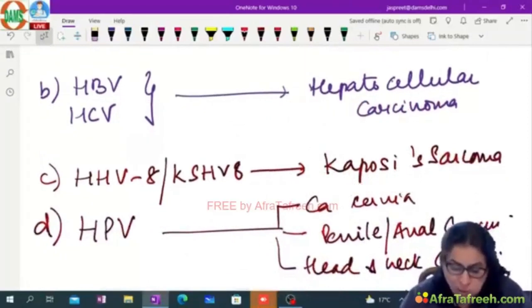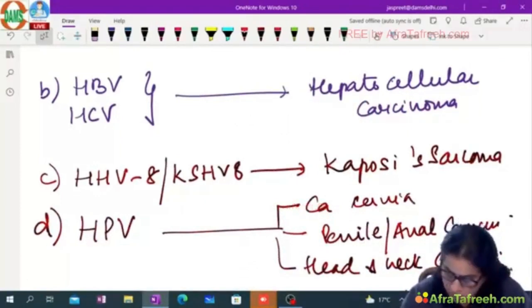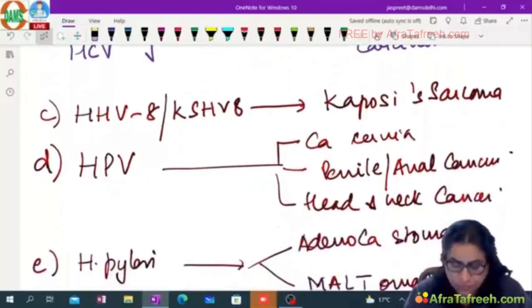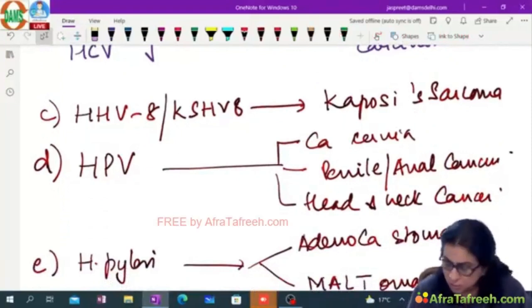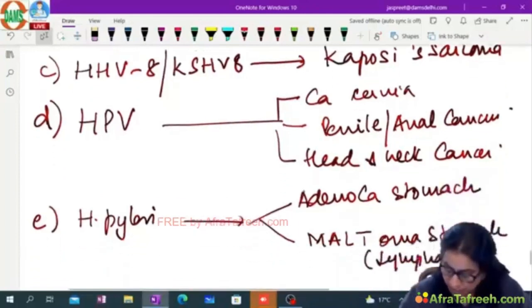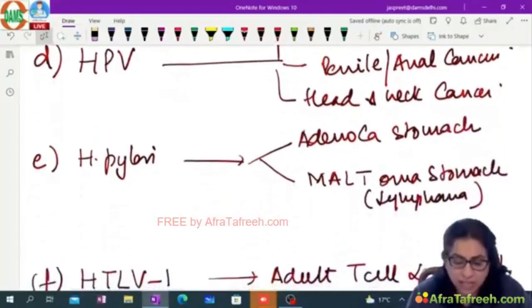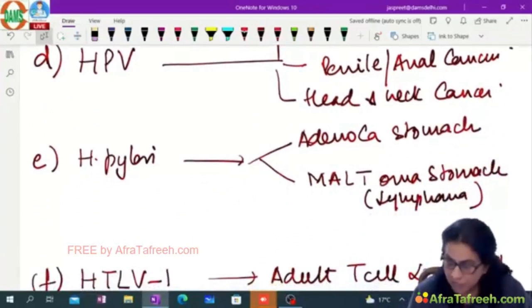Then human herpes virus 8, also called Kaposi sarcoma herpes virus 8, causes Kaposi sarcoma. Then HPV, human papilloma virus, causes carcinoma cervix, penile and anal cancer, head and neck cancer. Then H. pylori, Helicobacter pylori, causes adenocarcinoma stomach and maltoma stomach.